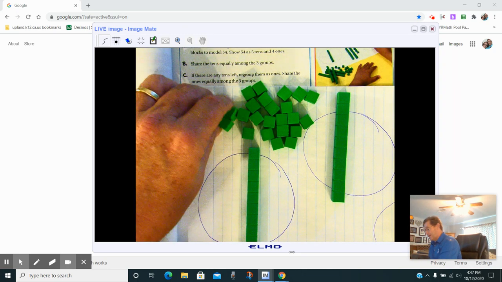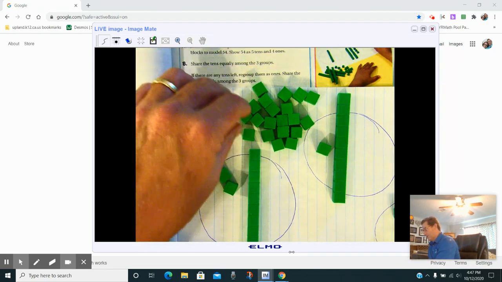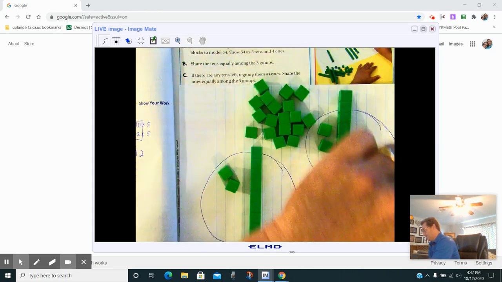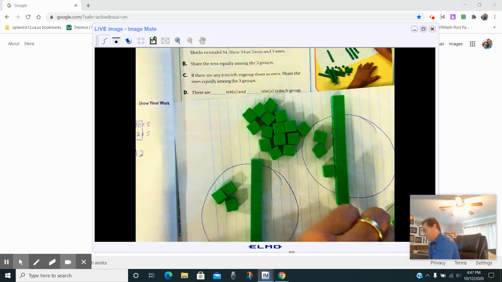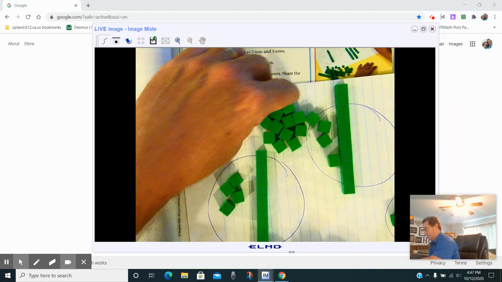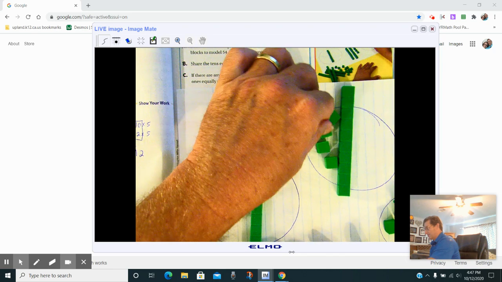And I can go one at a time. There's a faster way, and I'll show you that when we're done. But I can keep sharing one in each group until we've shared all of them equally with nothing left over or an amount that's less than the divisor.